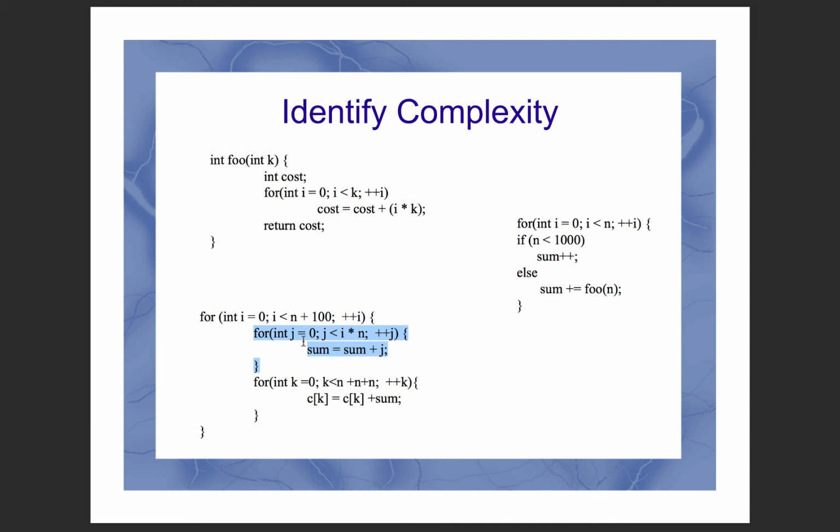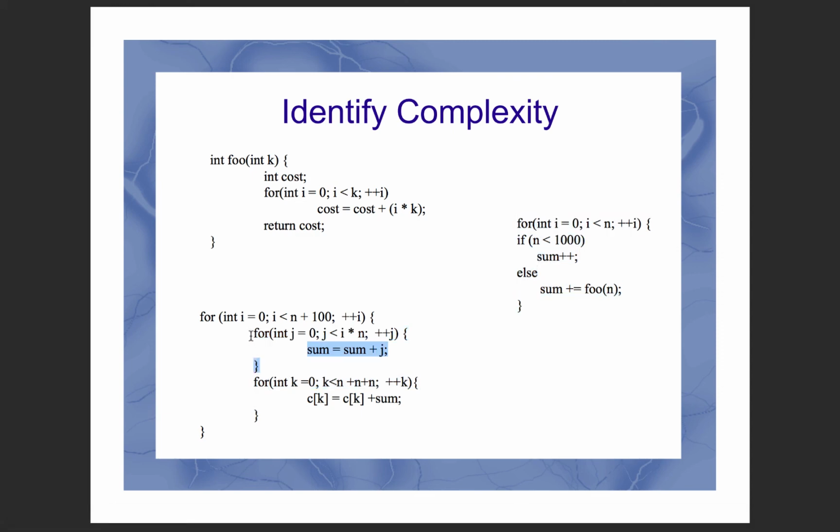Now if you consider this one, i into n, what is i? Since i is coming from this for loop, i is basically n. So i into n means n into n, which is n square, and the outer loop has n. So the whole program complexity is n cube. This for loop runs n square, this for loop runs n times.